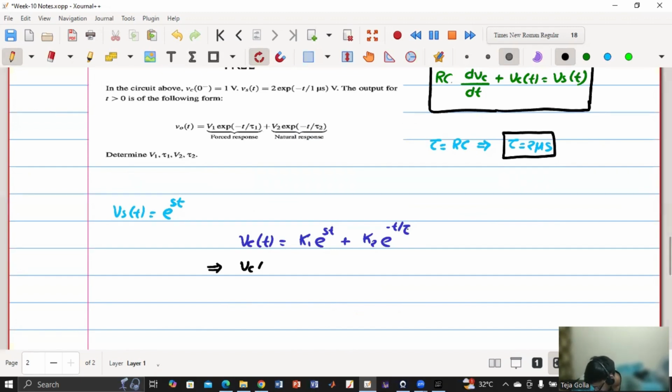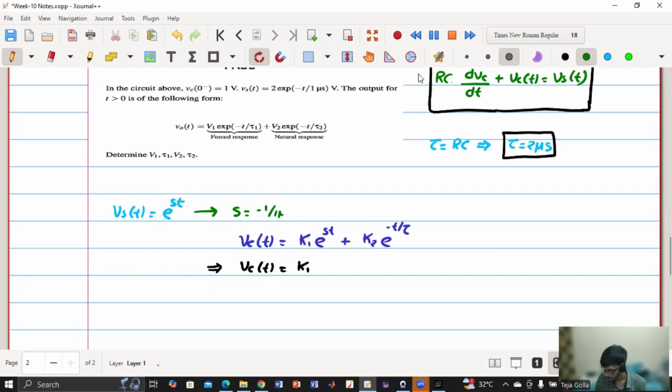Because input is known, the first term will be k1 into e to the power, okay. For making it much simpler, from the question we get s is equal to minus 1 by 1 micro. S is some constant.